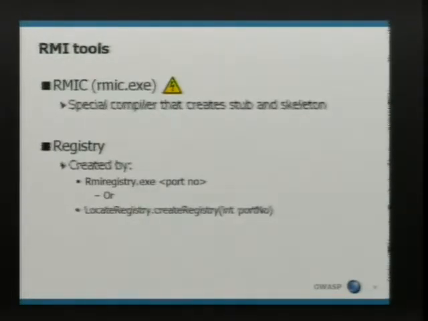So I mentioned earlier the stub and the skeleton. These get generated by the RMI tool, and this is one of the tools which generates the flawed code. So you generate the stub and the skeleton, and you distribute the stub to all your clients, and your skeleton, with all the code flaws in, sits on your server side, and you build off this weak layer.